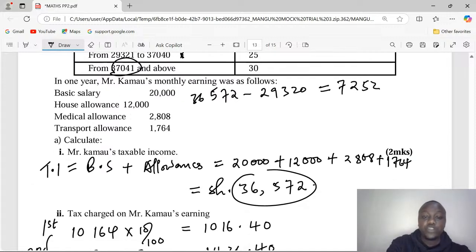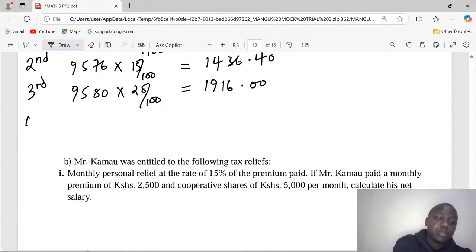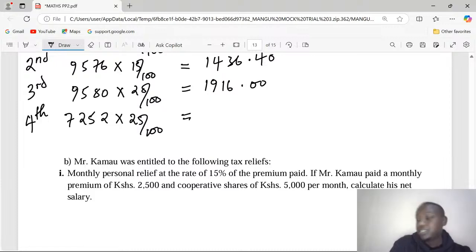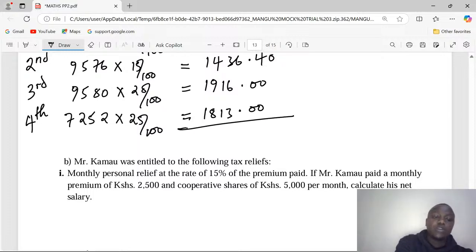So 7,252 now is the one to be taxed at the rate of 25%. So at the rate of 25%, we're going to get 1813.00.